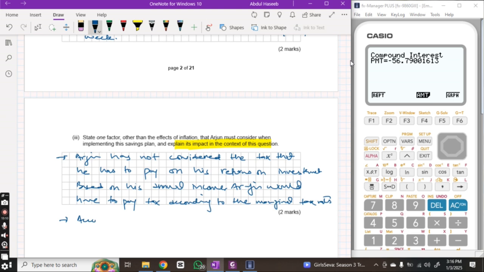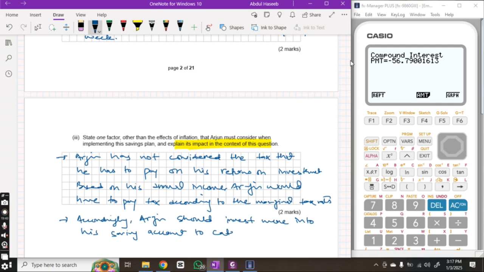Accordingly, Arjun should invest more into his saving account to cater for taxes.